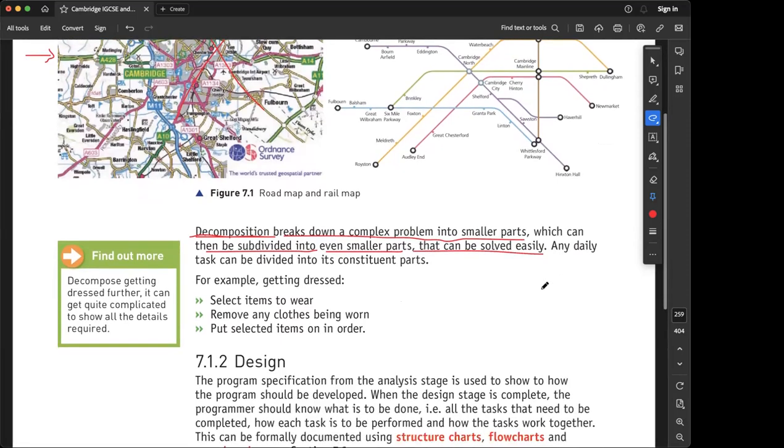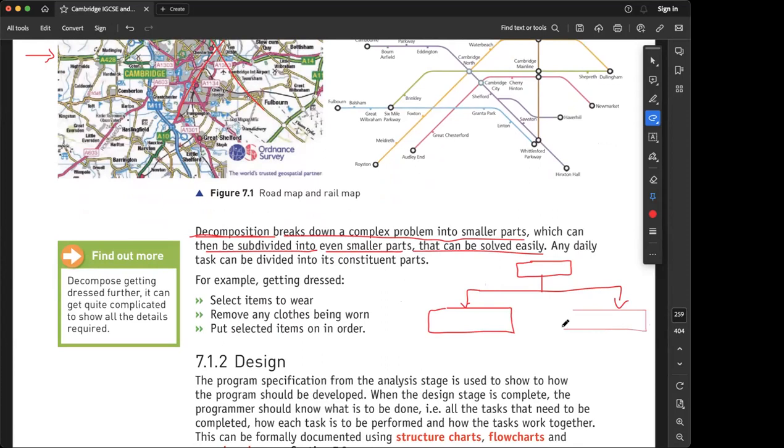So what do you mean by decomposition? Look, decomposition is breaking down your problem into simple steps. Look, I'm doing it. This is called program decomposition. Further, you're going to break this problem into even smaller parts.